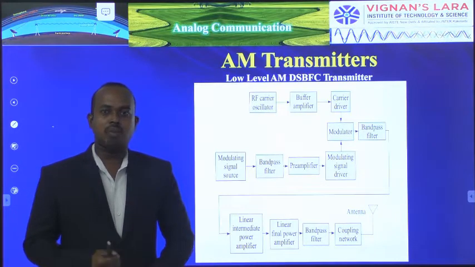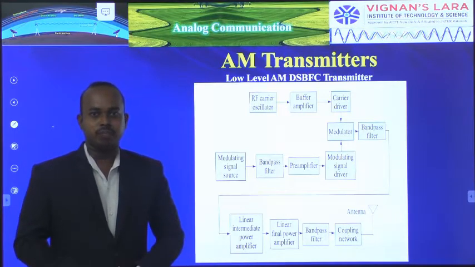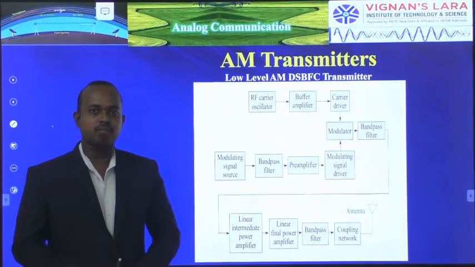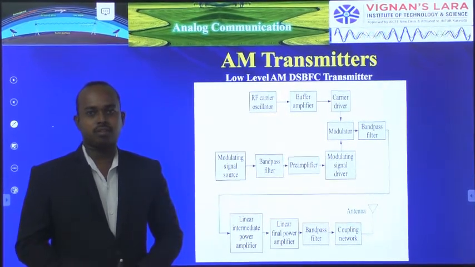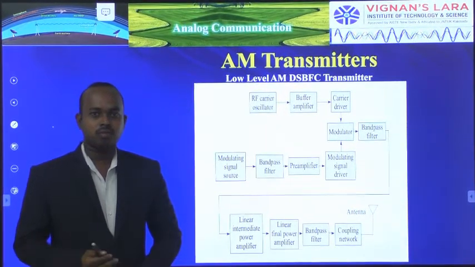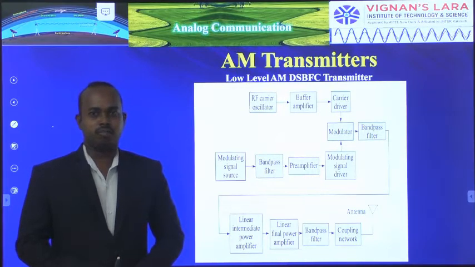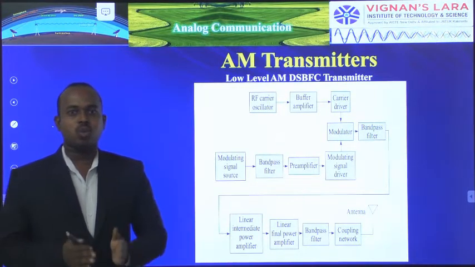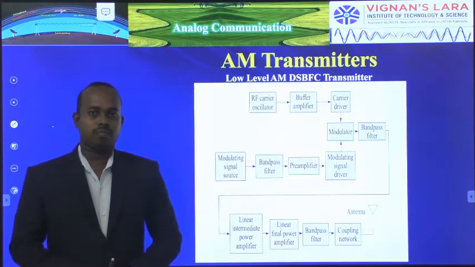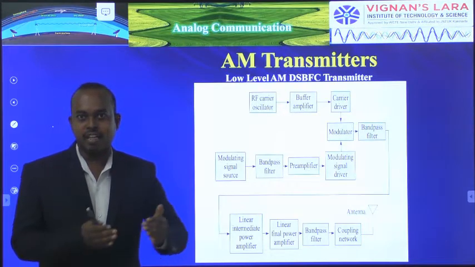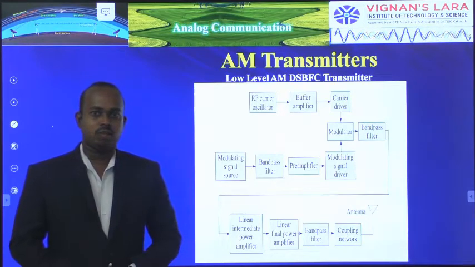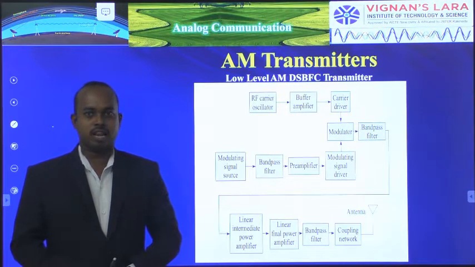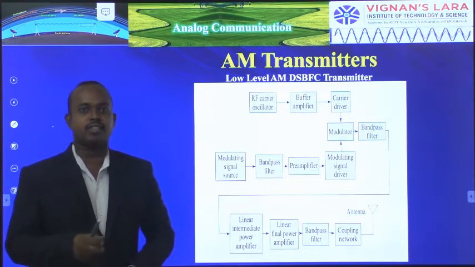We already know that amplitude modulation means we take a modulating signal as well as a carrier signal. The modulating signal is a low frequency signal, and it has low strength. To increase the strength of the signal, we include the carrier signal.